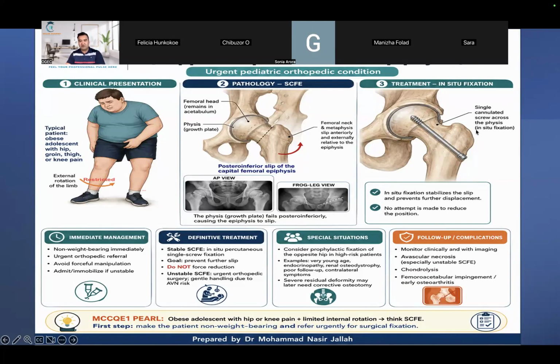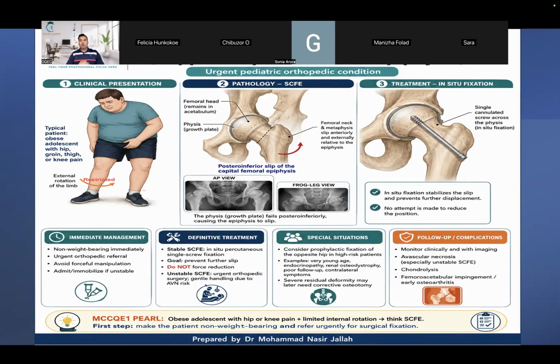What is the definitive treatment? They will give you a scenario about someone, let's say 13 years old, overweight, no trauma. The patient is complaining of pain in the hip, groin, thigh, and knee, and the affected limb is rotated externally, and the rotation internally is restricted.